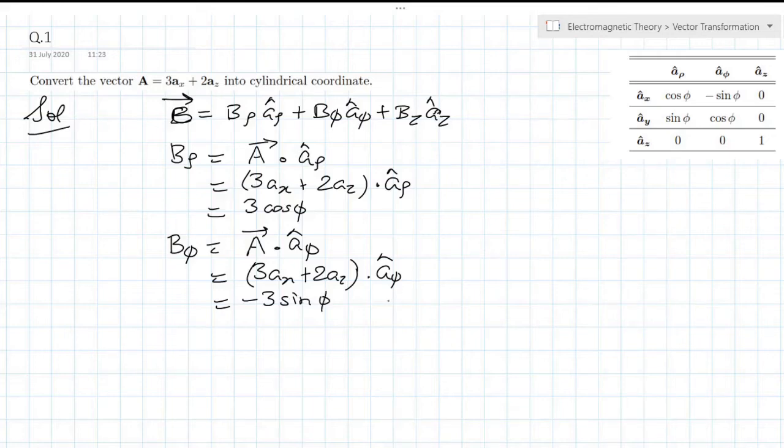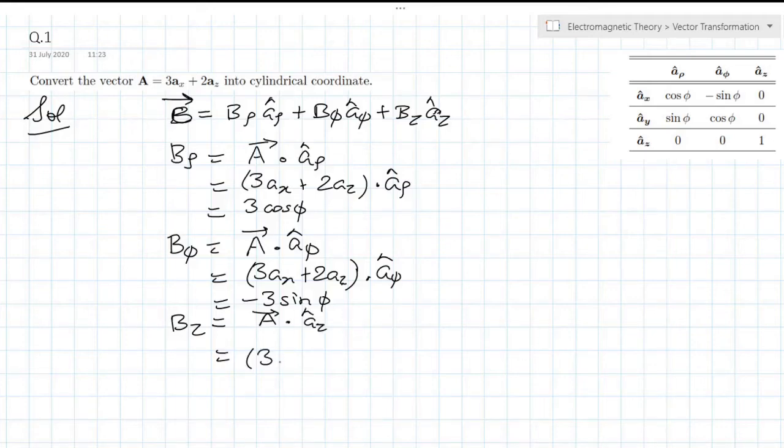Then az dot A phi, from the table, z is here, phi is here, the answer is 0, so we will keep it 0, won't write it. Then the last coefficient is Bz. Bz is equal to, again dot multiplying this complete vector A in the z direction.